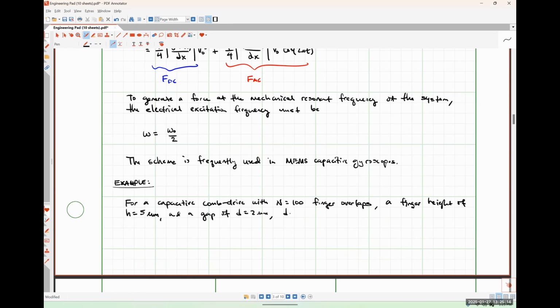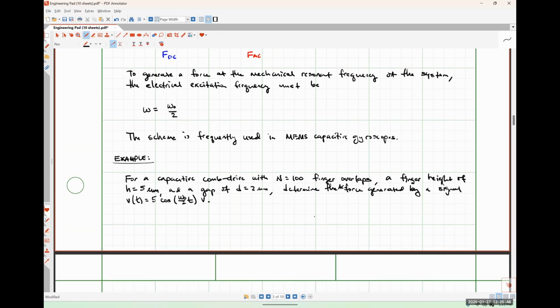I want us to determine the AC force generated by a signal V as a function of time, which is 5 cosine(omega naught T over 2) volts.